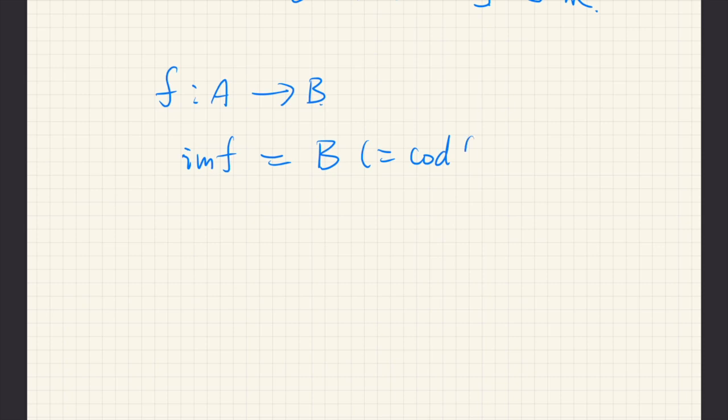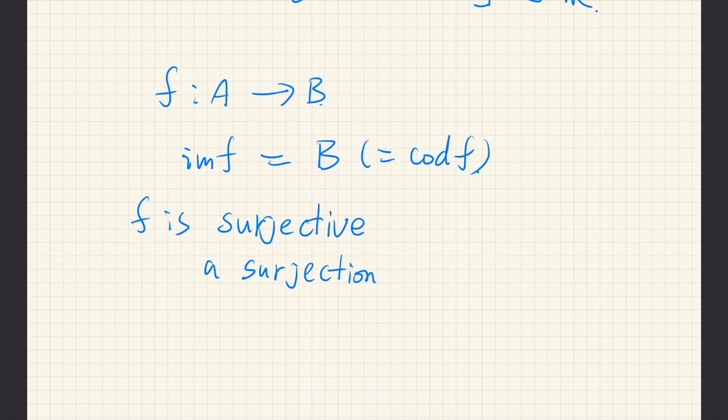We say that the image of a function or a map may not cover the entire codomain, but when it does, it has a special name. Suppose we have a map from A to B, and if the image of f is equal to B, which is the codomain of f, then we say f is surjective, or is a surjection, or onto.